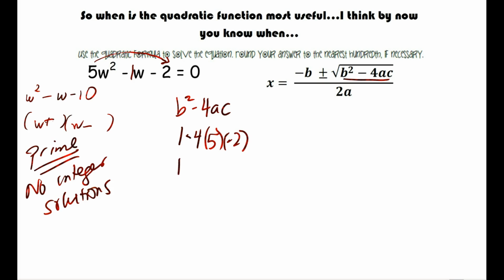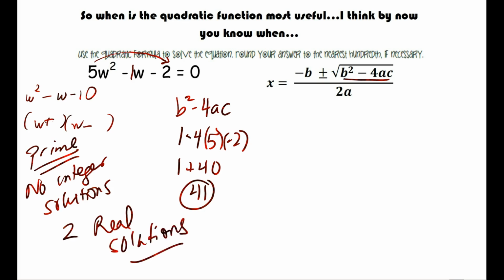Well, 1 minus 4 times 5, which is negative 20, and then negative 20 times negative 2 is a positive 40. Y'all, we just ran into a problem. That b squared minus 4ac is 41. I should have 2 real solutions. Two of them.